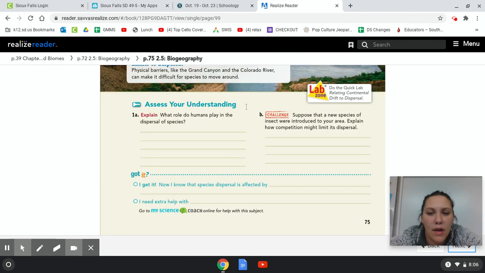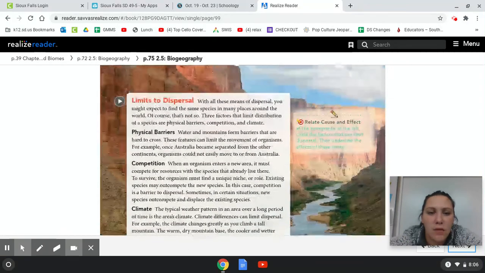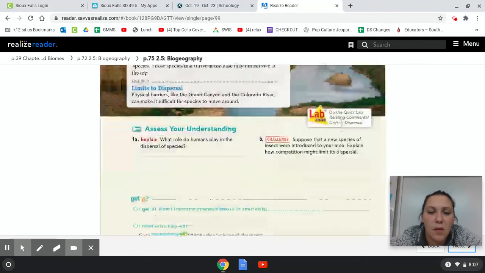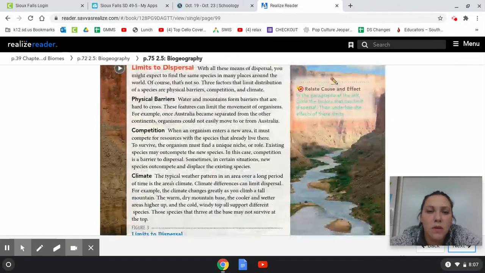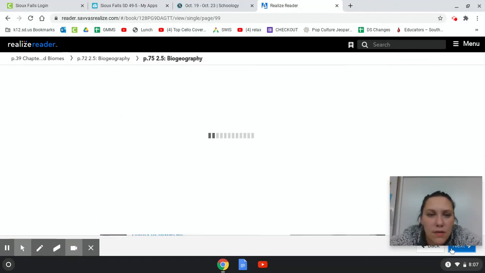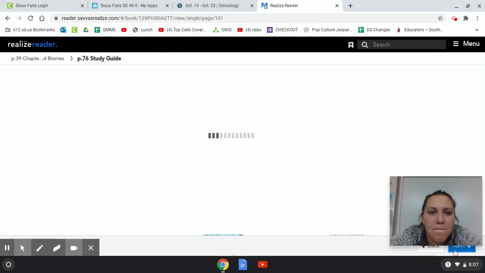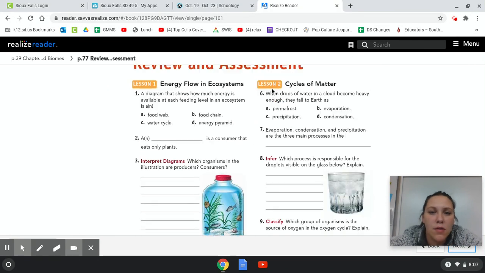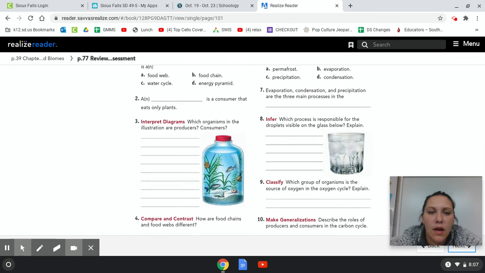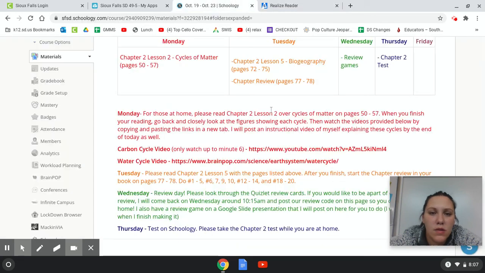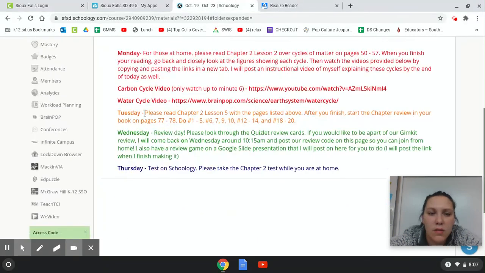Here on page 75 are some other limits to dispersal. So I want you to go through this page and read it as well. Once you are done with this lesson, I want you to do the review and assessment. On your Schoology page, in the Tuesday orange description, I wrote down the numbers that I want you to do for the review.